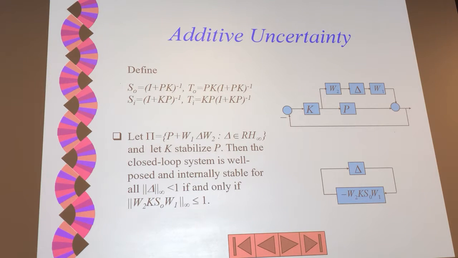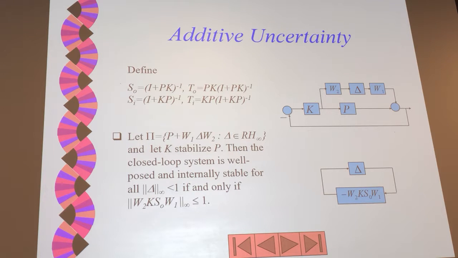I want to ask, there are infinitely many plants in here, and K originally stabilized the nominal one. After I add this uncertainty, is the system still robustly stable? How to do that?